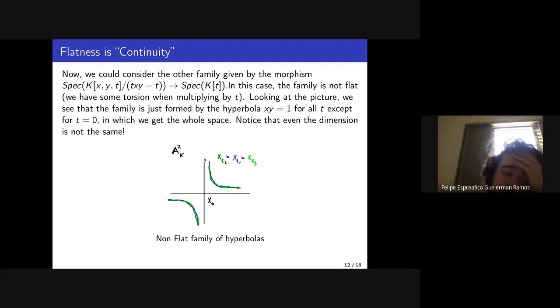The dimension of the other fibers is 1, and the dimension of the limit, which is not a continuous limit, is 2, right? So this is, of course, not continuous in any sense, and it's not flat also.